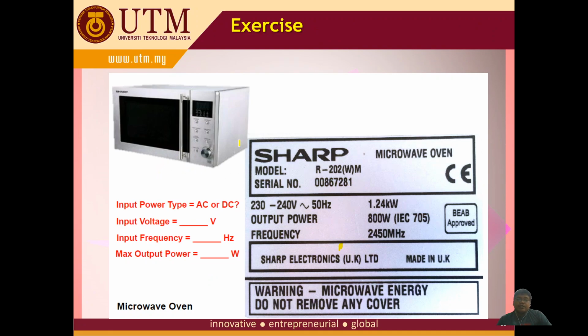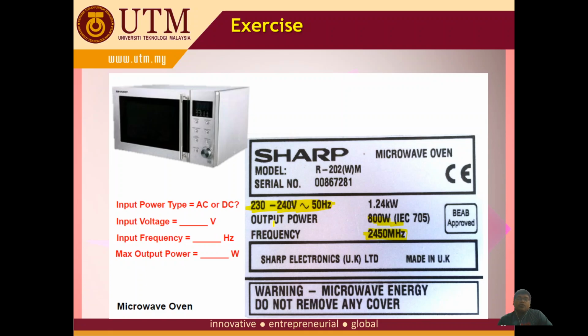Next is this Sharp microwave oven. You can see this is input power, because there is no output power. There is no output voltage, it only has input voltage. This is 230 to 240 volt AC with 50 hertz. Other than that, it uses output power of 100 watt, and the frequency is 2450 millihertz.